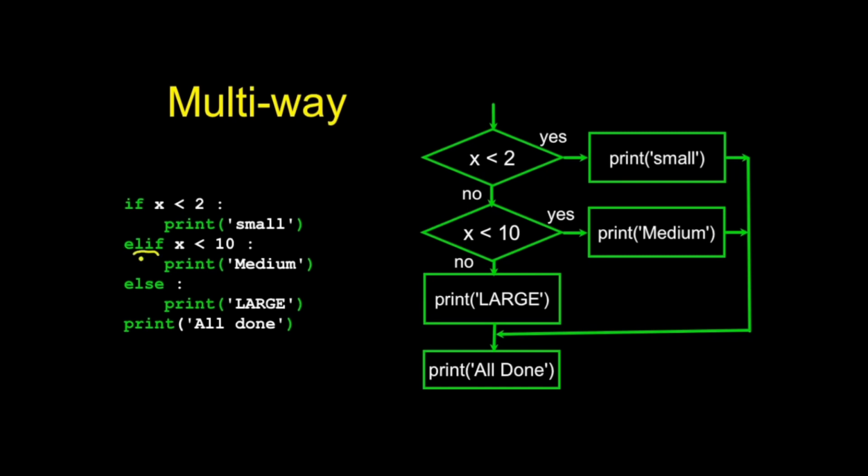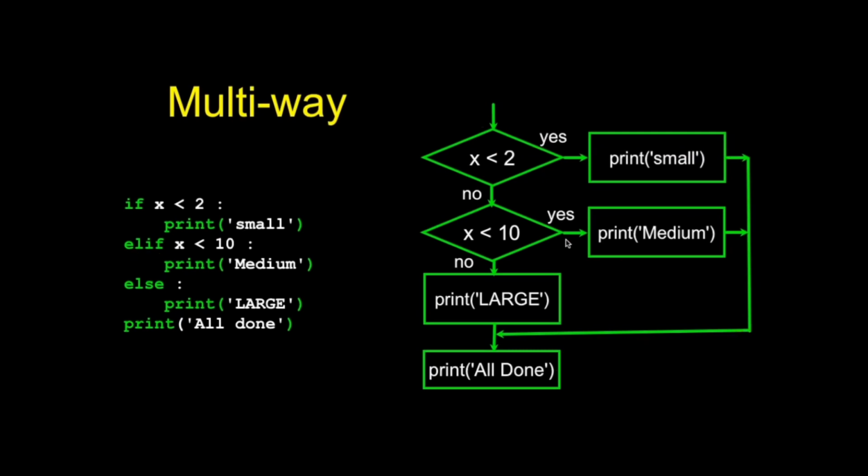The way it works is it's probably best to look at this here where it checks the first one, and if it's true, then it runs that and then it's done. It doesn't check them all. It's not like it sees that there are two logical conditions. It actually checks the first one, and how you order these matters, as we'll see in a bit. And so if the first one is true, it runs.